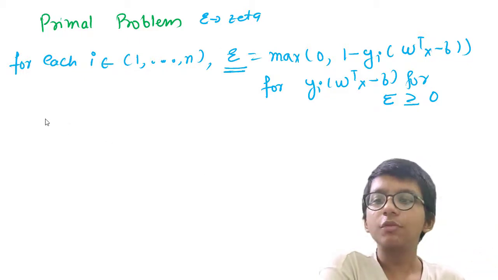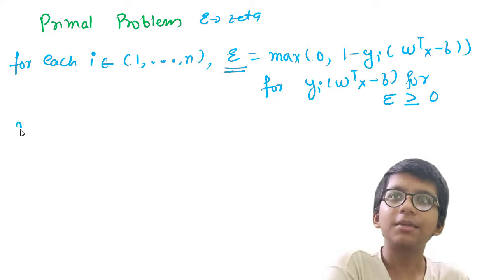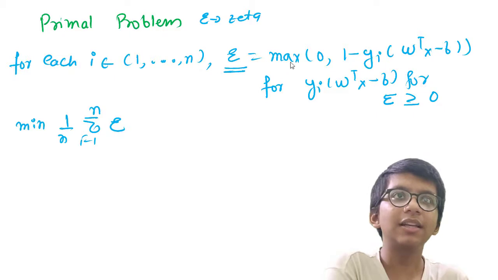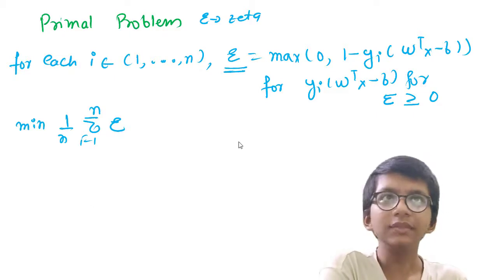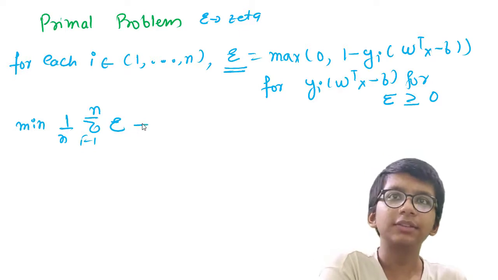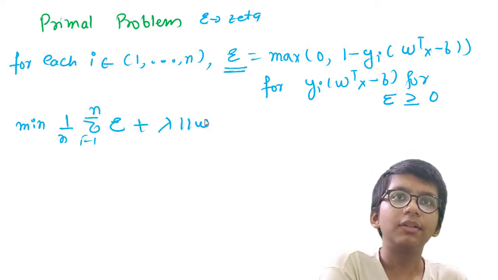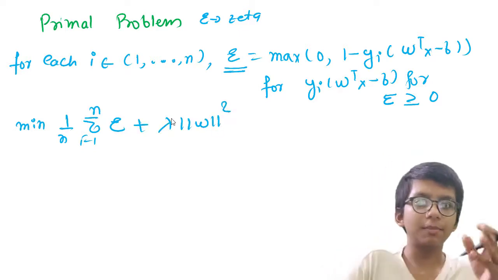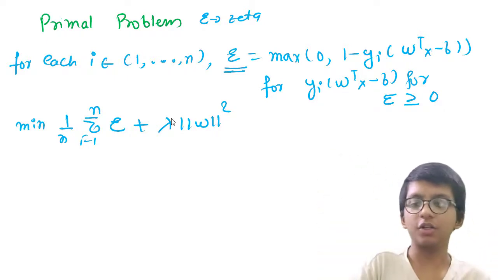You want to minimize, so we write: minimize 1 over n, sum from i equals 1 all the way down to n, of zeta_i, which is defined like this as the max, plus lambda times the norm of w squared. Lambda determines the offset, meaning the margin.